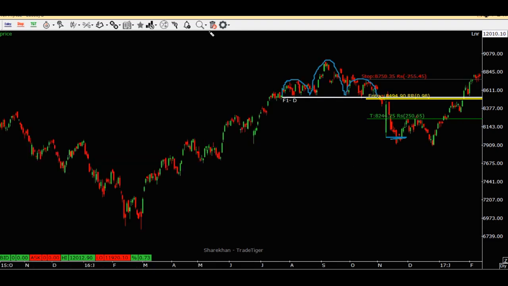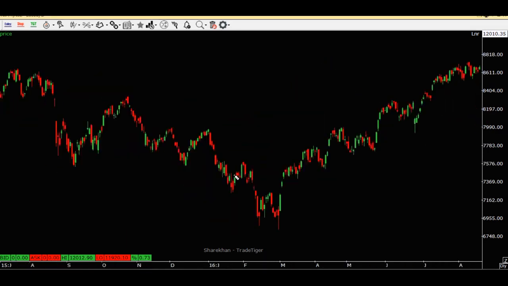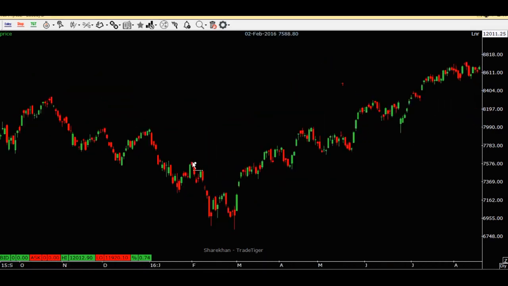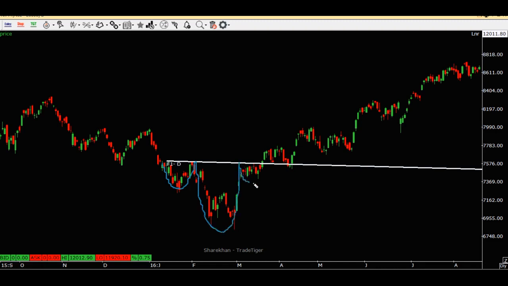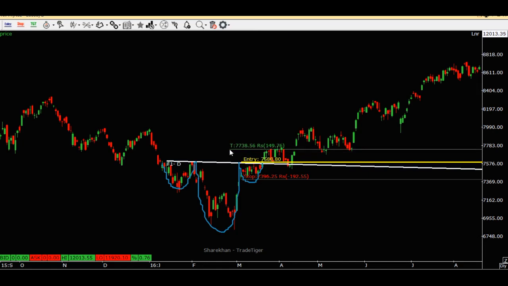Let's look at another example. So here's the left shoulder, here's the head, and here's the right shoulder. So this is an inverted head and shoulders. So we are looking to enter a buy position, right? So we will buy on the breakout of the neckline here. Stop loss will go below the right shoulder low. And first target will be 190 points, which is somewhere around here.